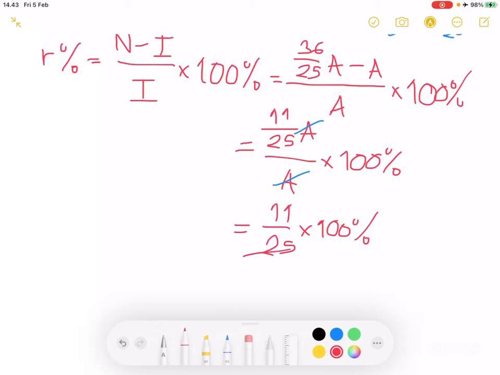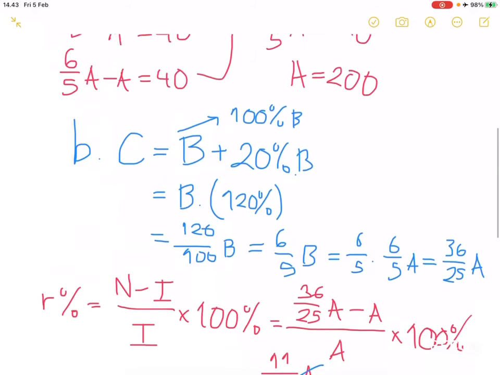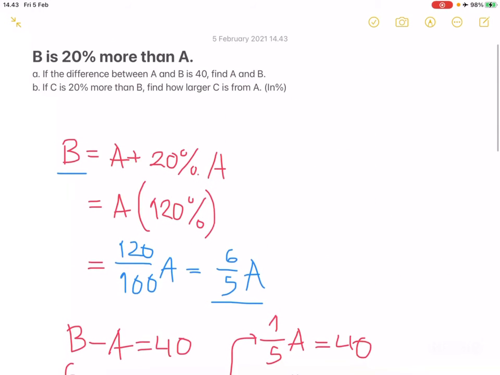Notice that this and this will cancel, leaving us with a 4 right here, so we will have 11 times 4%, which is just 44%. So in other words, we can say that C is 44% larger than A, or we can get C by increasing the value of A by 44%.